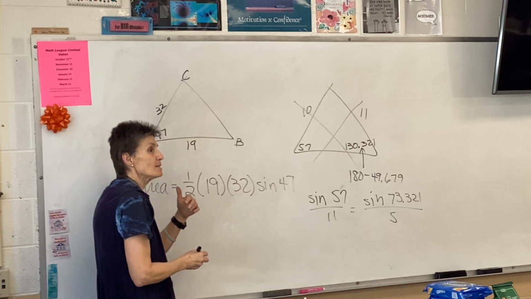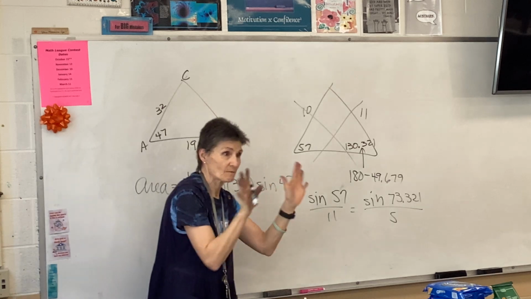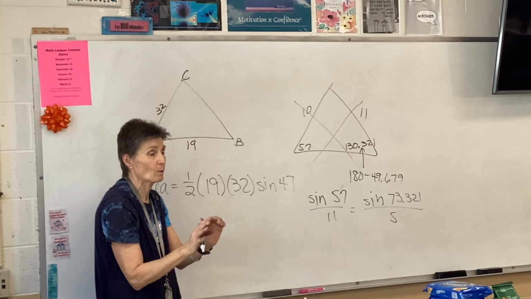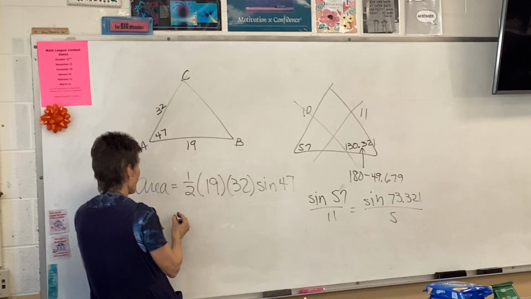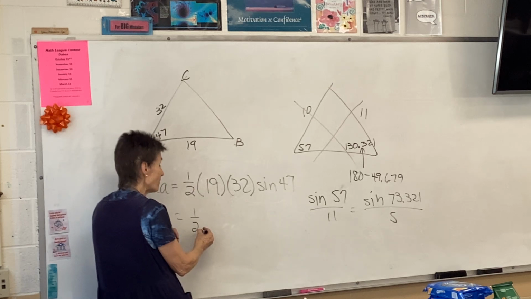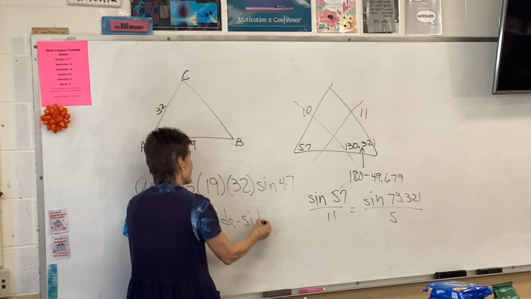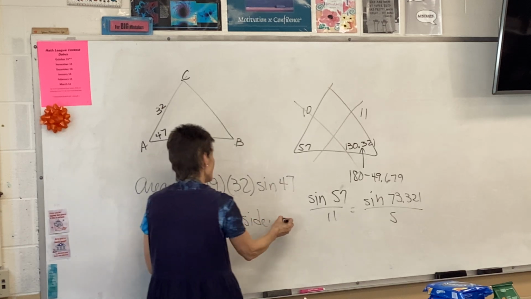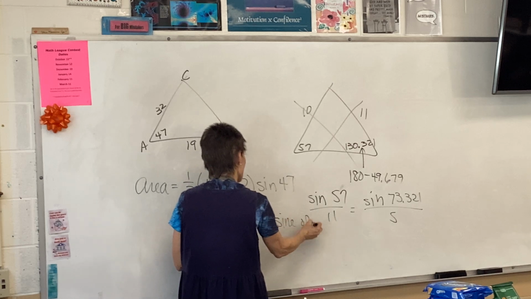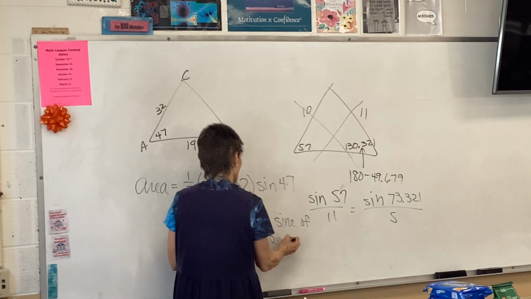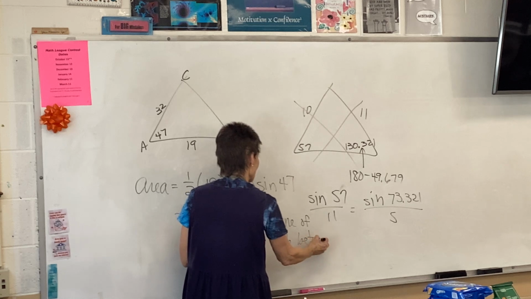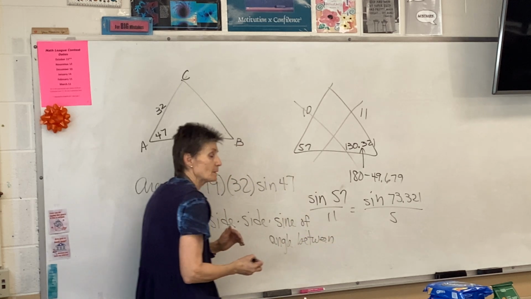Yes. There are lots of ways to find the area of a triangle. You wouldn't believe some of the ways. They're so cool. But one way is take 1/2 times a side times another side times the sine of the angle between them. We call that the included angle.